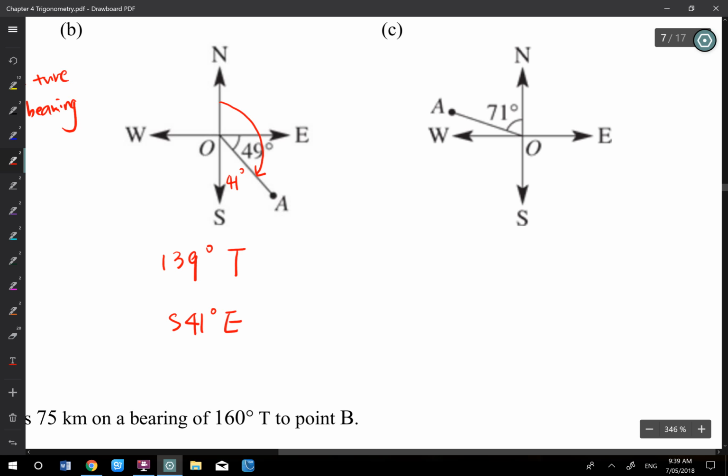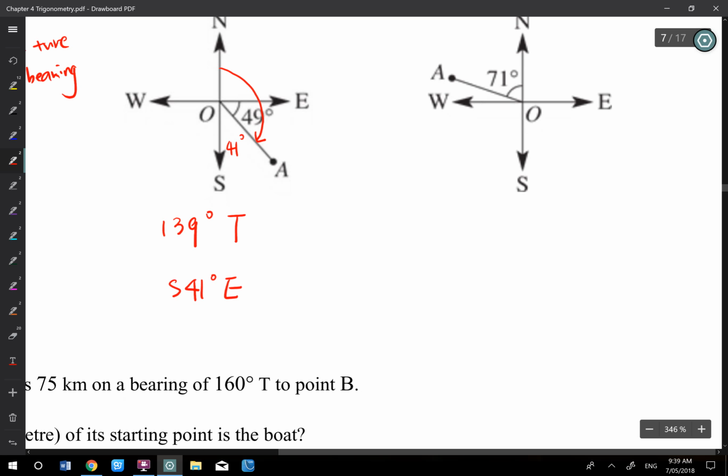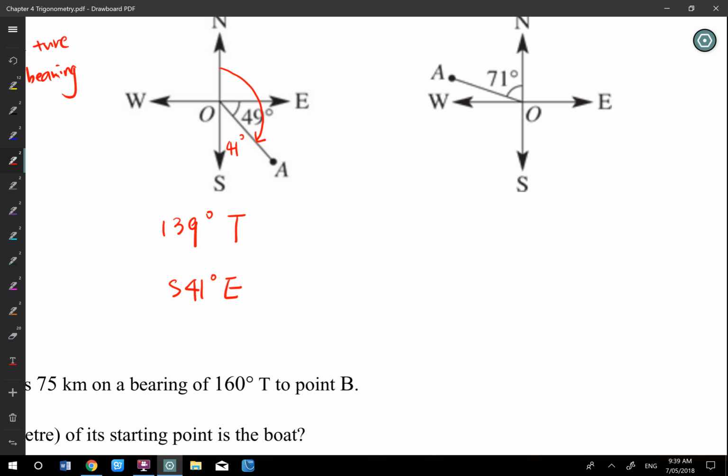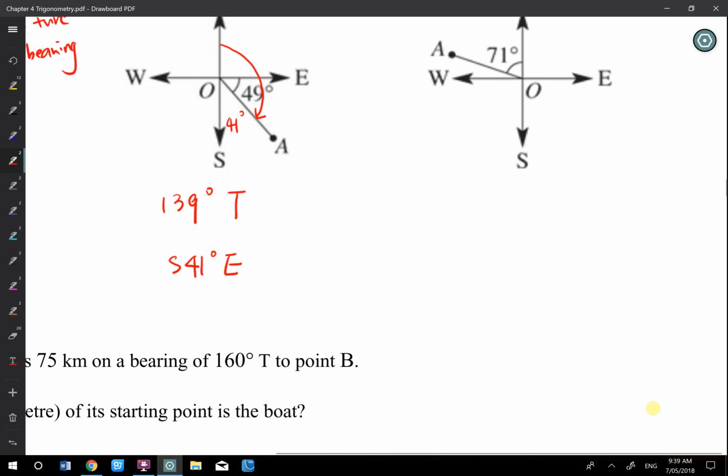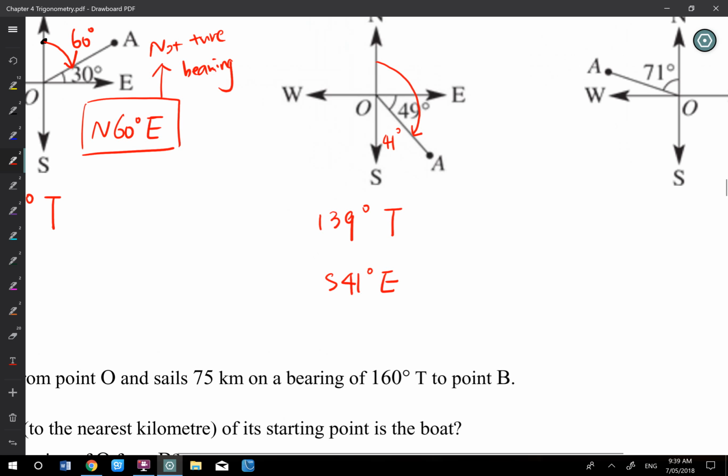After you finish, you can have a look. Do we have the same answer here? The red line I sketched is the true bearing from the north until we meet the line OA. And then we can also say that from south go slightly east for 41 degrees.